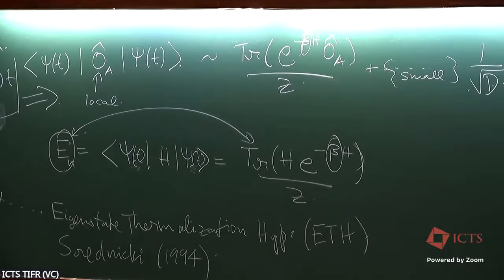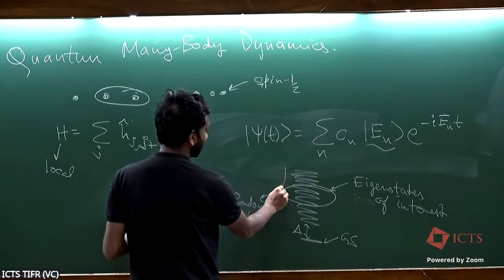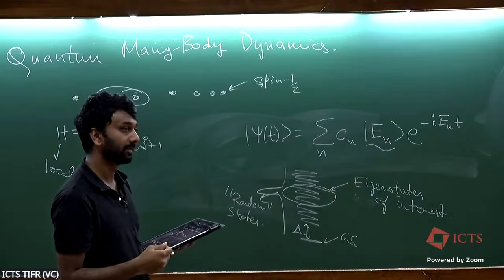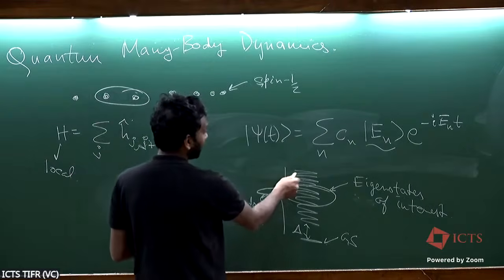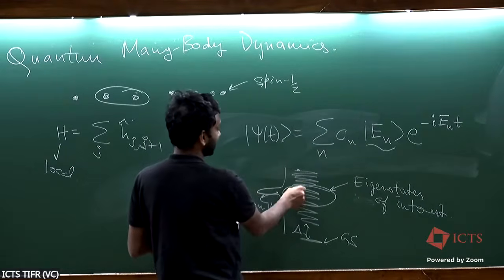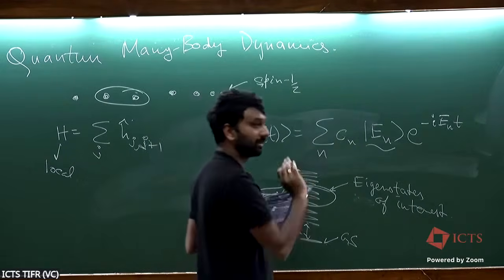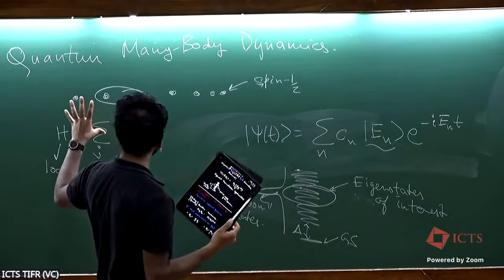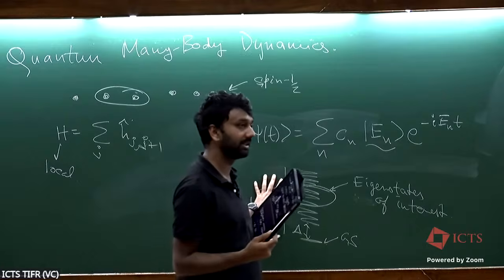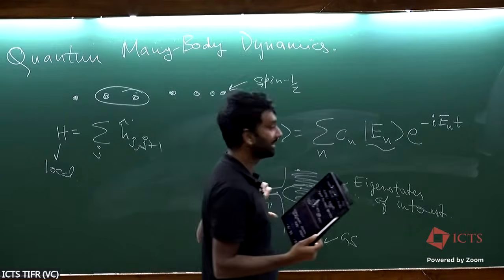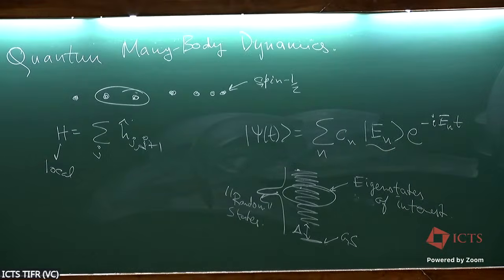So the idea is that for simple product states, the distribution over eigenstates is sharply peaked at a particular energy. Of course, if you take an initial state which is very complicated, some superposition of this and this, then things might break down. But what you can show is that for local Hamiltonians and simple initial states, everything is peaked in energy. So the temperature is well defined.